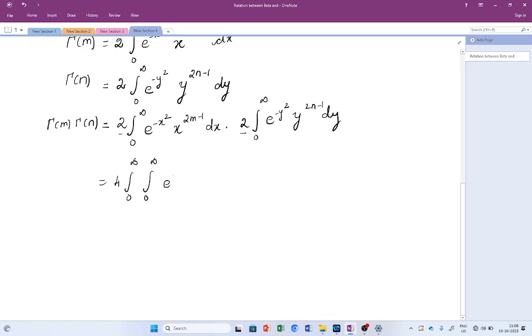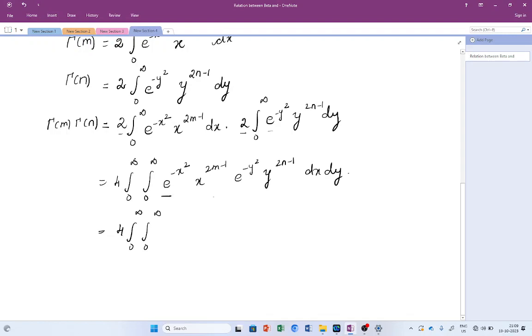So here I'll be having e power minus x square x to the power of 2m minus 1. Then I'll be having e power minus y square y to the power of 2n minus 1 dx dy. Okay, so now what I do is 4 into 0 to infinity, 0 to infinity.